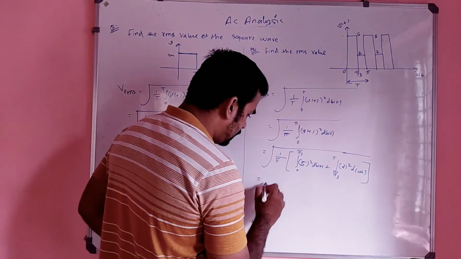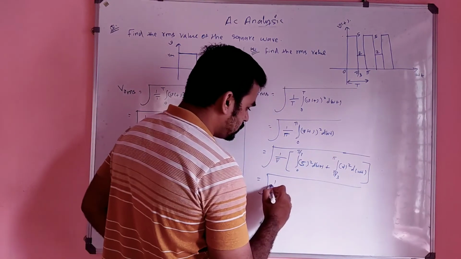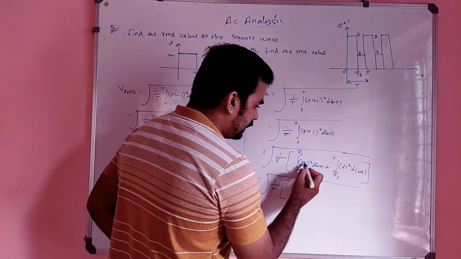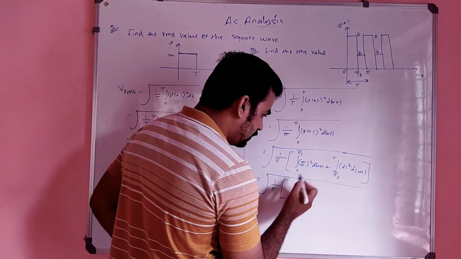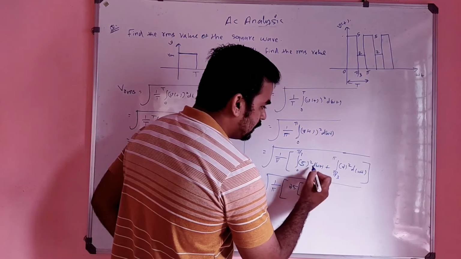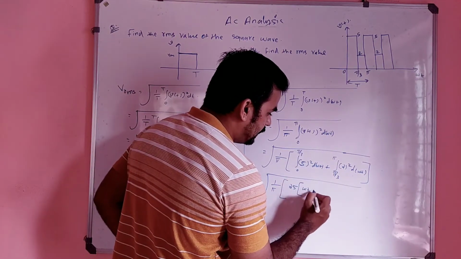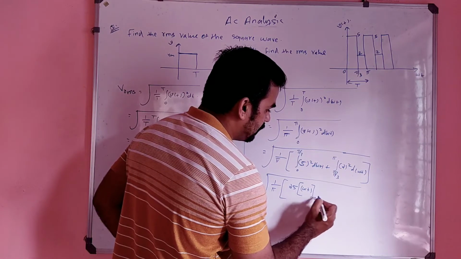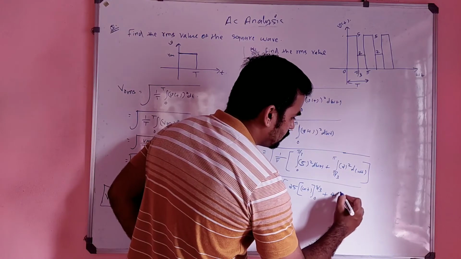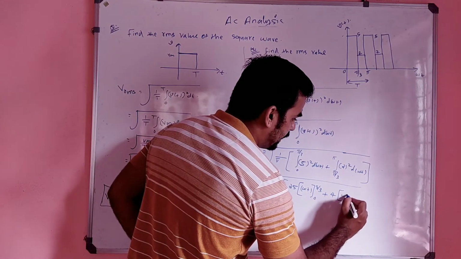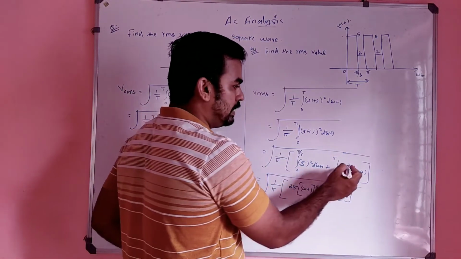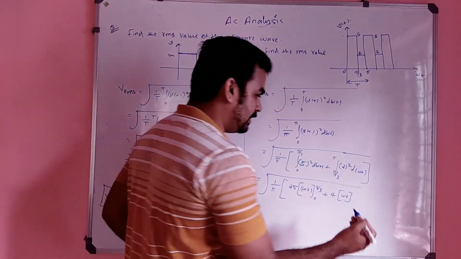Listen carefully, it is 1 by pi, common, and 25 is a constant, so you can take it outside: 25 into the integral of d omega t, which is omega t, from 0 to pi by 3, plus 4 is a constant, so you can take it outside, and omega t is the integration result, from pi by 3 to pi.